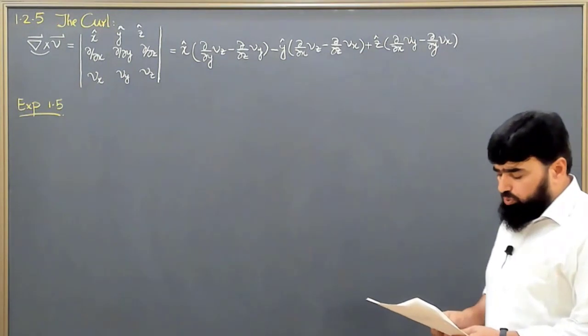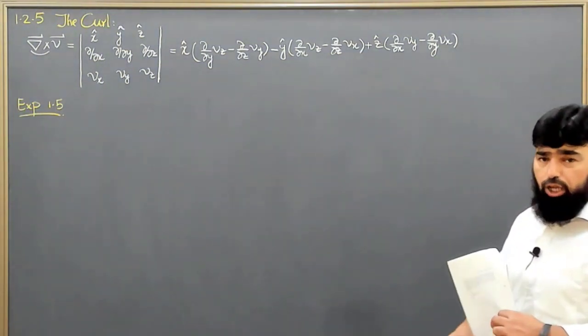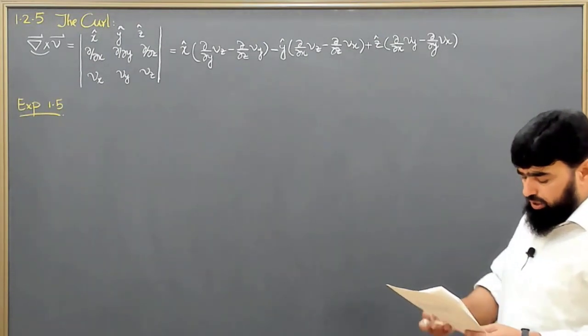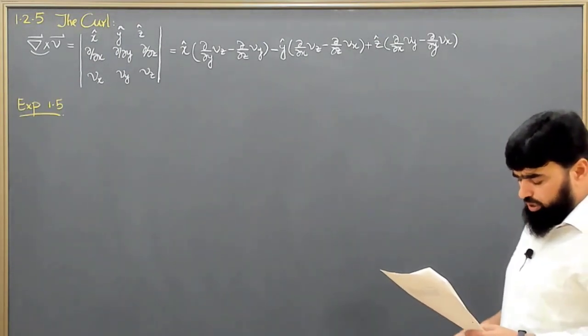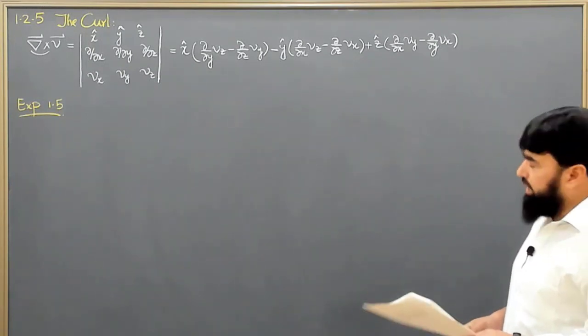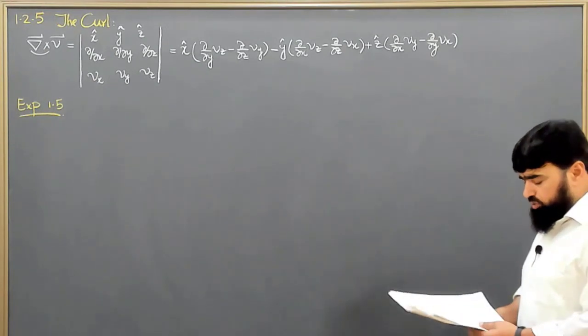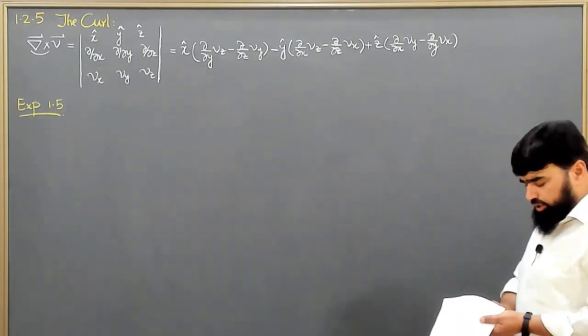So curl will also give us a magnitude like 1, 2, 3, but a direction will be associated with it.